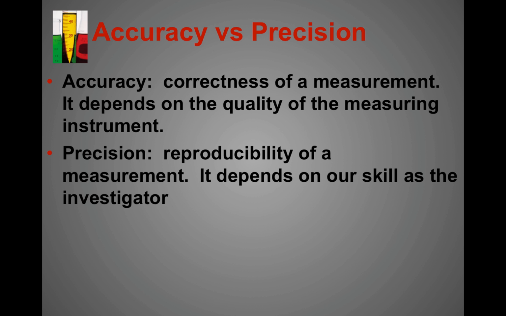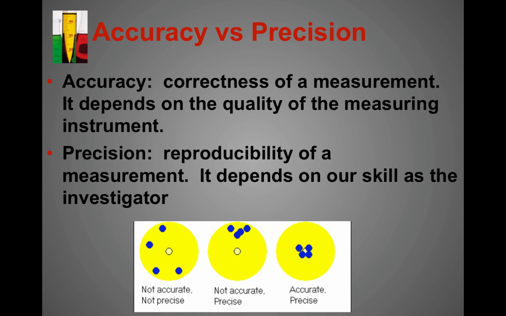Do you follow the same procedure each time you make a measurement? In this class, we want to work on both accuracy and precision. You should know the difference between these two words. Accuracy, how right you are. Precision, how many times you can get the same measurement.